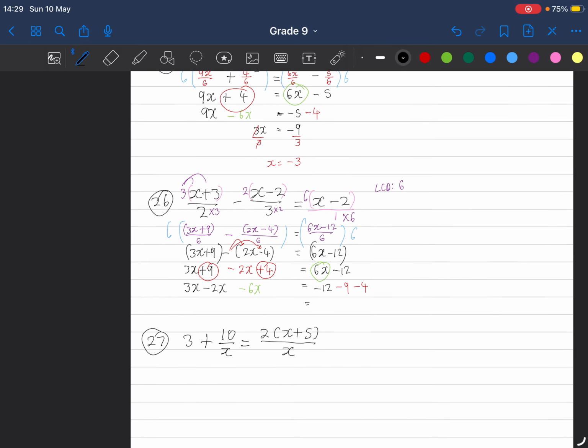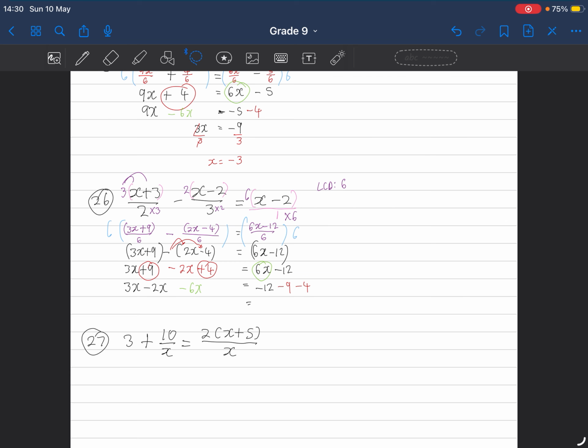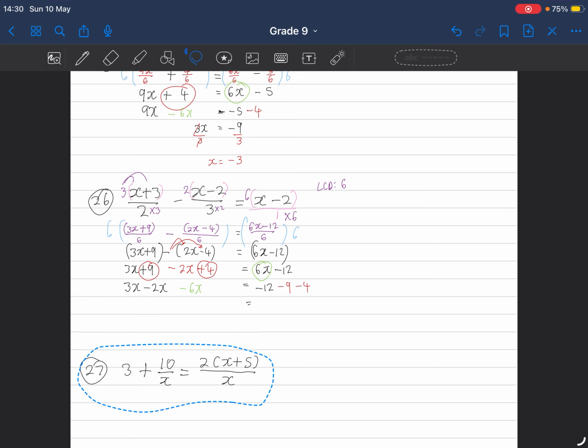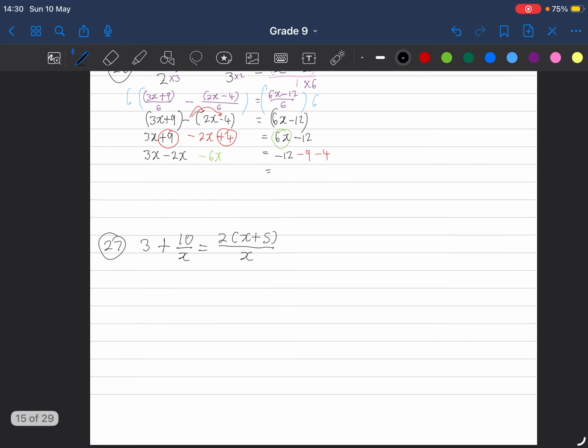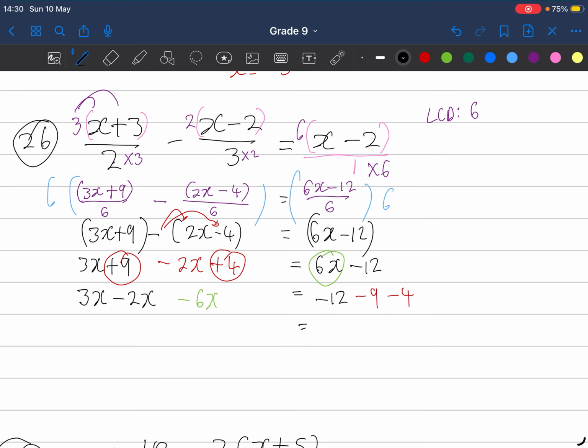So let's just move this a little down. Okay, that's fine. So let's get back into this. 3x minus 2x is x, and x minus 6x is going to be minus 5x. Negative 12 minus 4 is going to be minus 16.